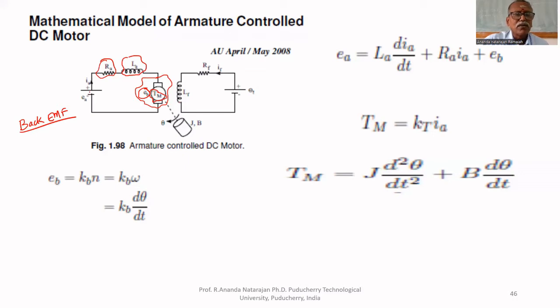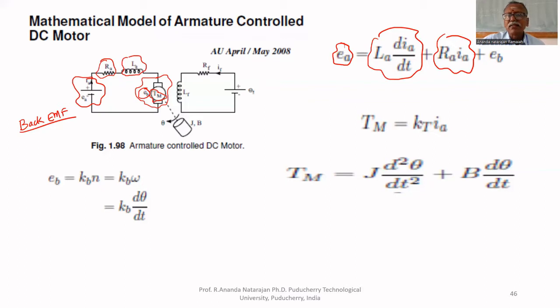Therefore, if you apply a voltage EA across this armature, there is a drop in the coil, that is LA dIA by dt, and a drop in the resistance of the armature coil, RAIA.